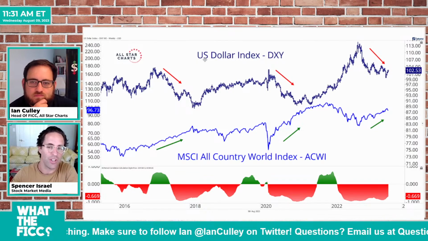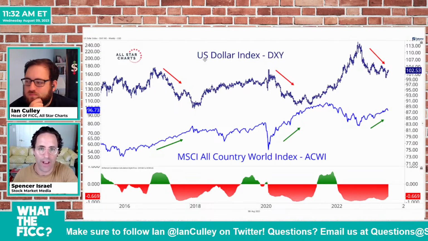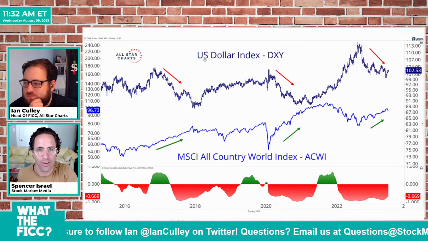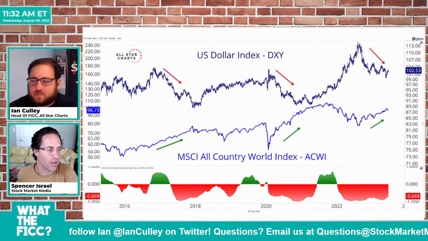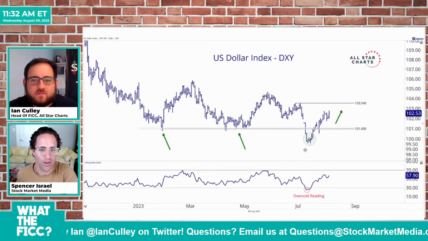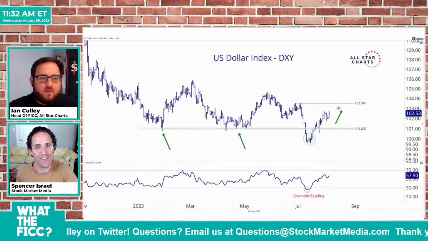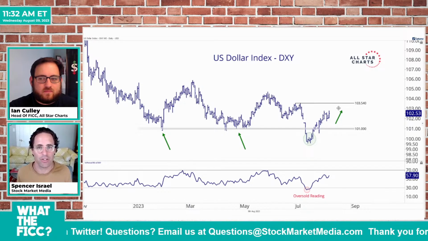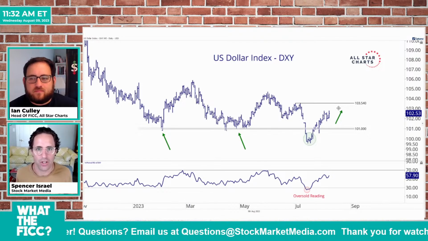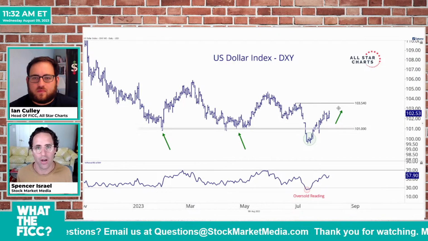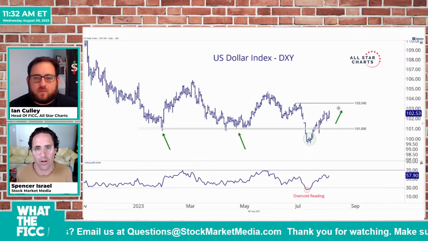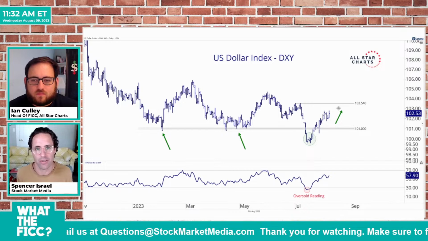So as we see this potential failed breakdown take place, and the dollar start to rip higher over the past couple of weeks, it really raises the question, are we going to see a strong pullback in major U.S. stock indexes?